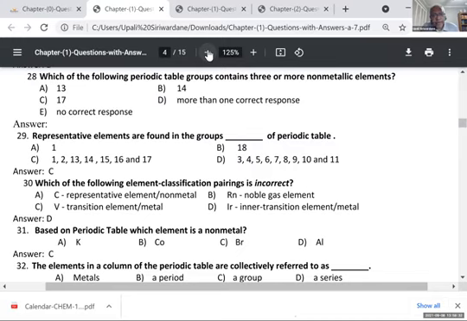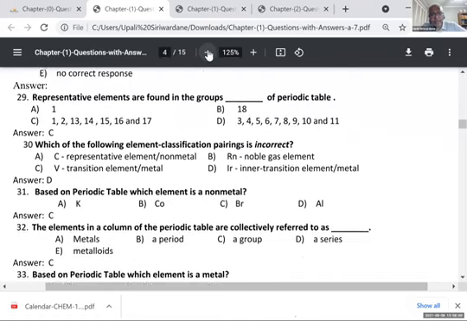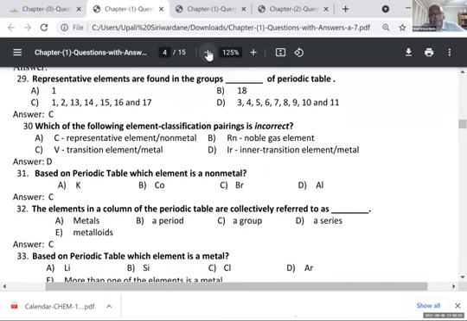It includes the alkali metals and groups 1, 2, 13, 14, 15, 16, 17, except the noble gases. The answer is C. Representative elements are elements that are common, except transition metals, excluding rare earths or inner transition metals, and the noble gases.